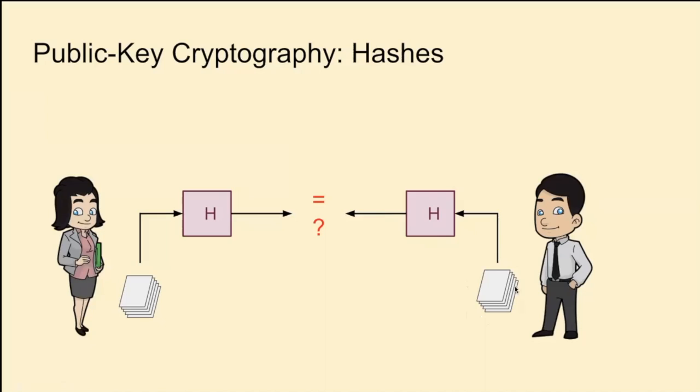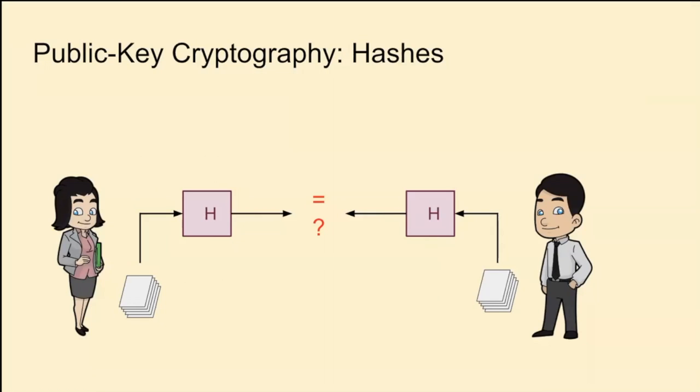Rather than one of them sending this massive document to the other, they could each compute a hash of their document and then exchange the hashes and compare them. If they have the same hash, then with very, very high probability they have the same original document, because two different documents are not supposed to produce the same hash. And if the hashes are different, then they have different versions of the document.